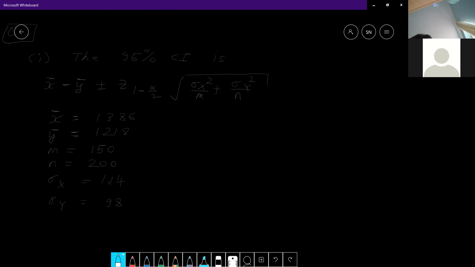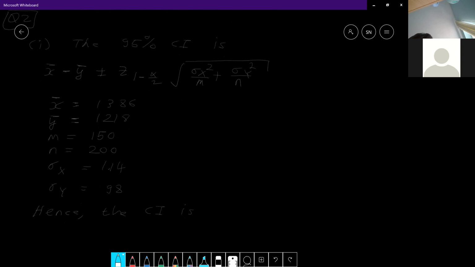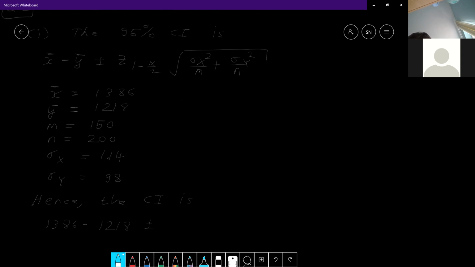So all you have to do is sub them in. So the 95% CI is going to be x bar, which is 1386, minus 1218, plus or minus z alpha by 2, which is 0.025, so it's going to be z 0.975.